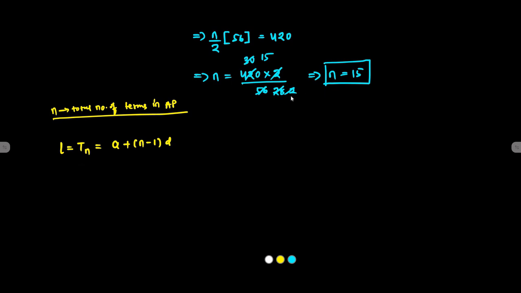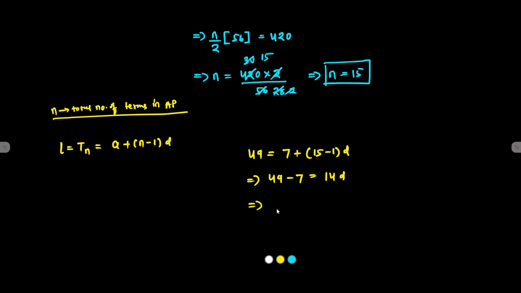So we have the last term equal to 49. So 49 is equal to the first term, which is 7, plus 15 minus 1 into d. We have to determine the value of d. That implies 49 minus 7 is equal to 14d, since 15 minus 1 is equal to 14.